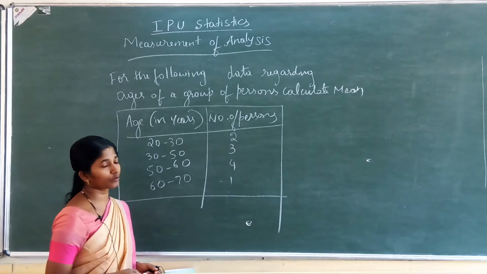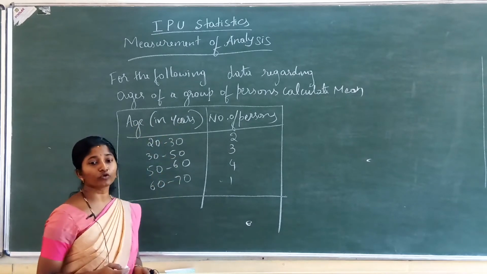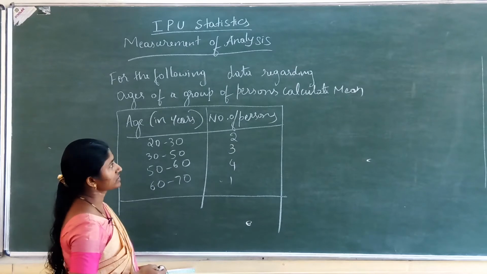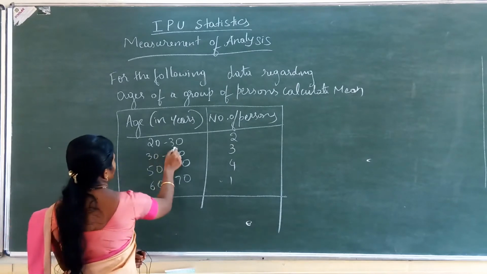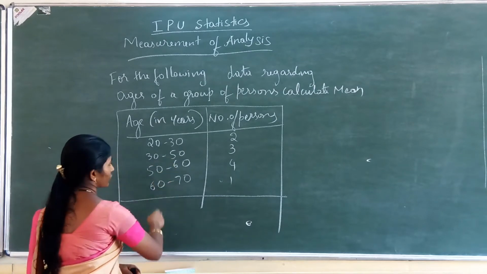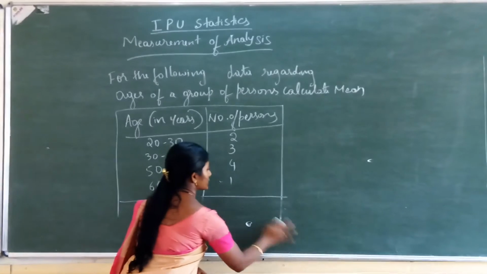See, I have written another problem. For the following data regarding age of a group of persons, calculate mean. Here 20 to 30, 30 to 50. Observe this one. This is again a continuous frequency distribution.